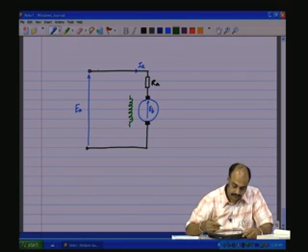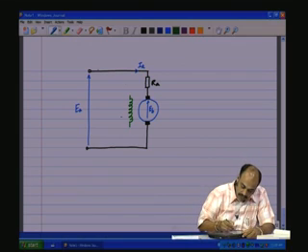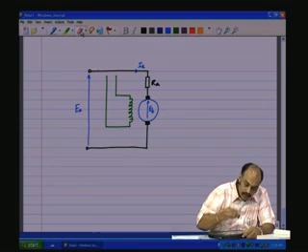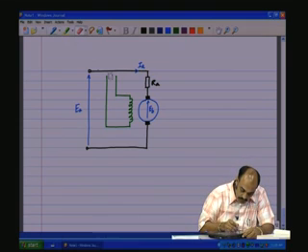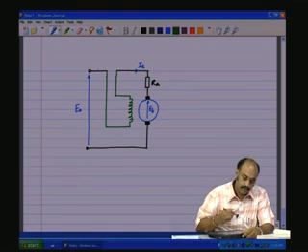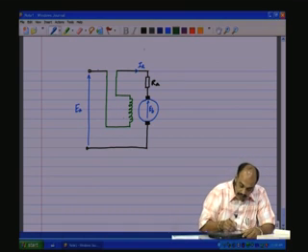This field winding is not going to be connected directly across the terminals, but is brought out here and connected in series with the armature. So we make a cut here and then connect it like that, which means the Ia flows through the field coil to produce the flux and also the load.